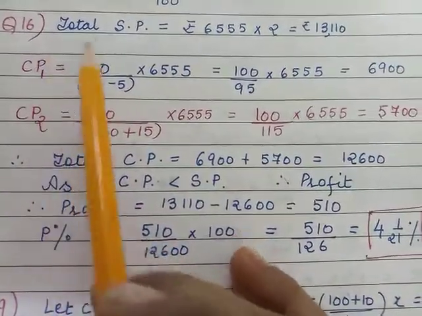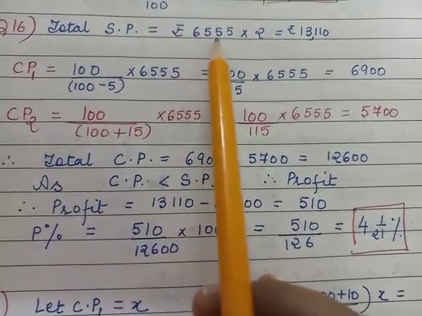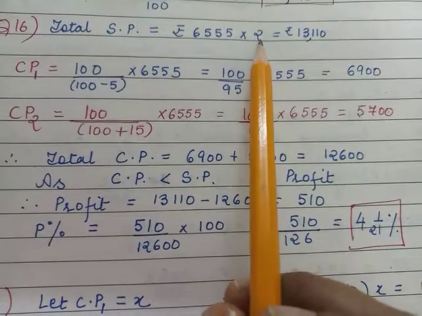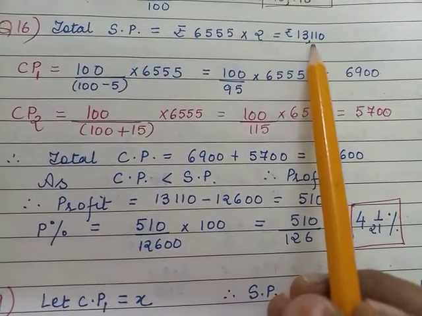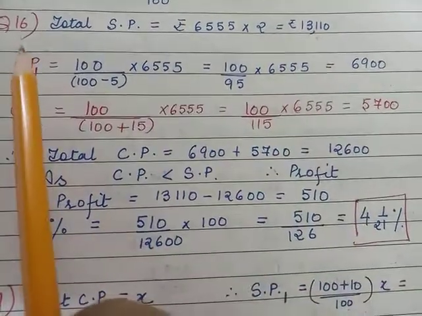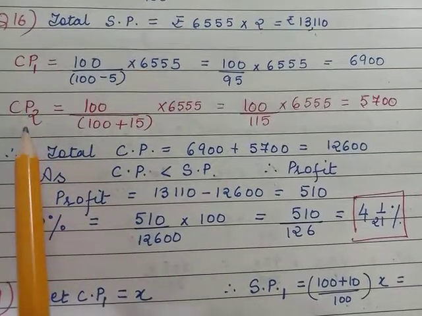Question number 16. As the selling price of one camera is 6,555, she is selling 2 such cameras. So the total selling price becomes 13,110. Now we calculate the cost price of both the cameras.